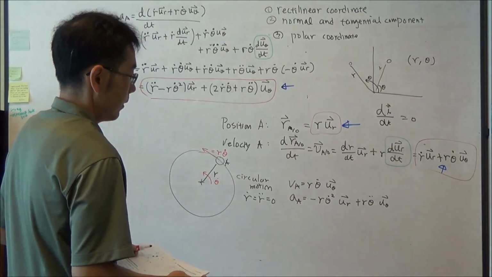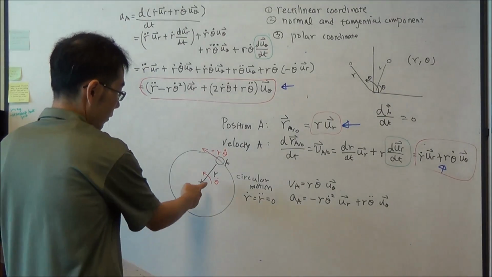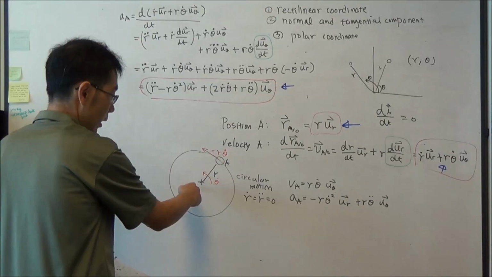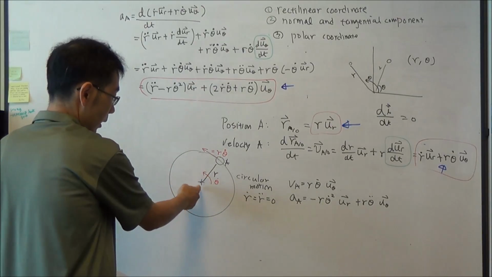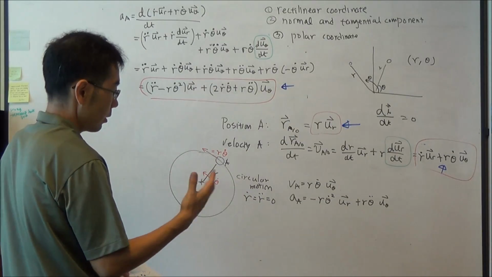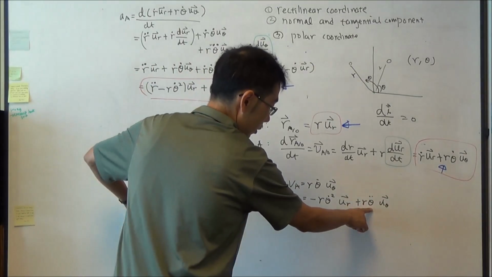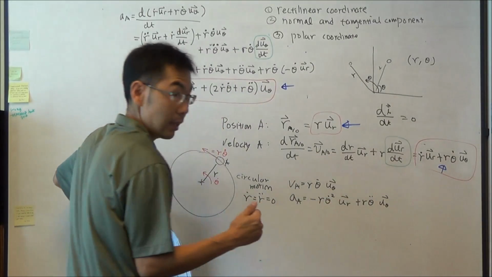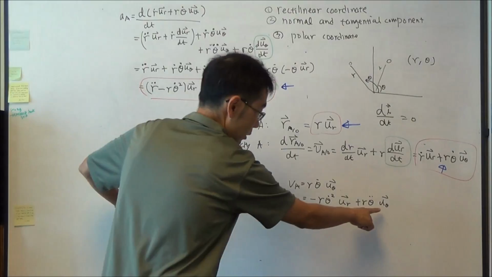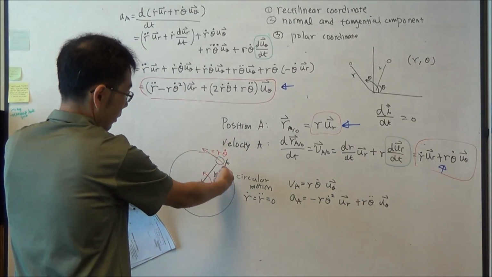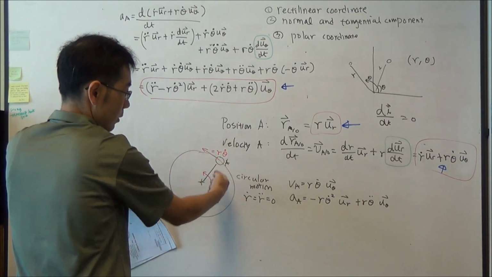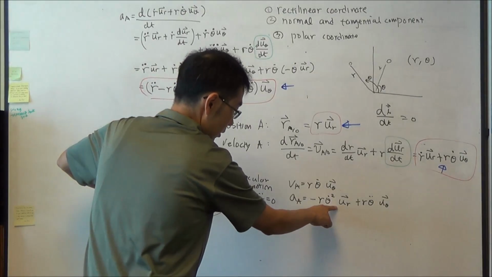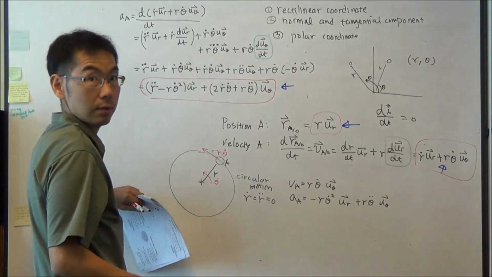Okay. So if this rotating body has angular acceleration, so the angular velocity is getting faster or slower, then we need to account for the theta double dot, okay? And then the direction is the transverse direction, the same as the tangential direction. And then this is the normal component of acceleration.